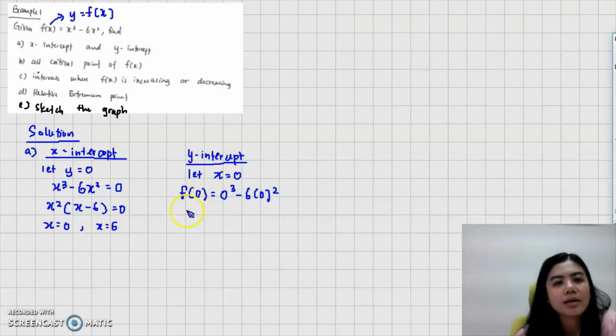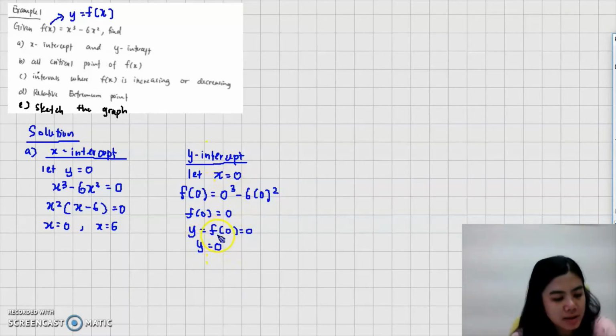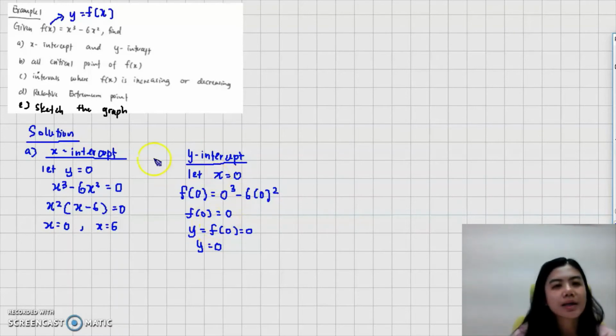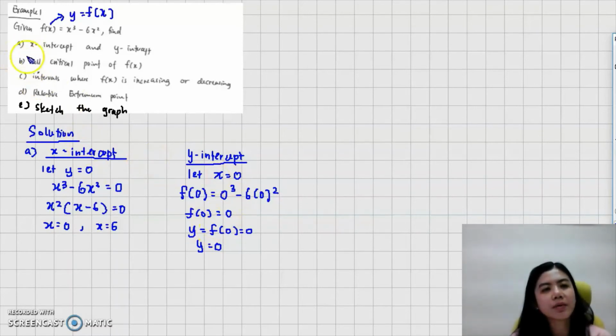Basically this f(0) will give you 0, and y is actually equal to your result of f(0). So your y is actually equal to 0. That is your y-intercept. Alright, let's just go for the real part that we're going to learn today.